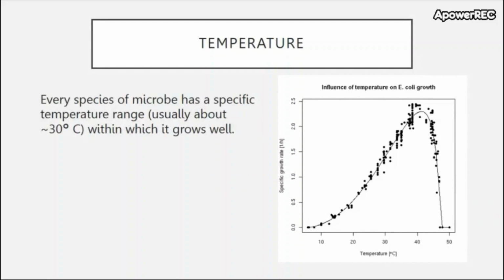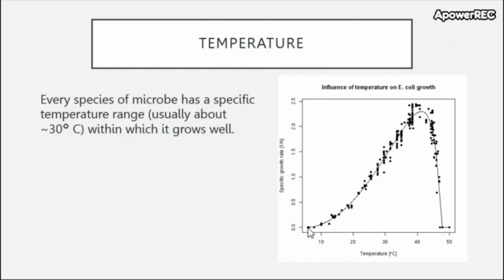So with all of these parameters, you have specific components to their requirements. For every species of microbe, it has a specific temperature range. So that's the range in which the microbe can grow.